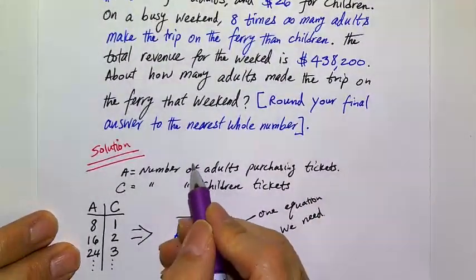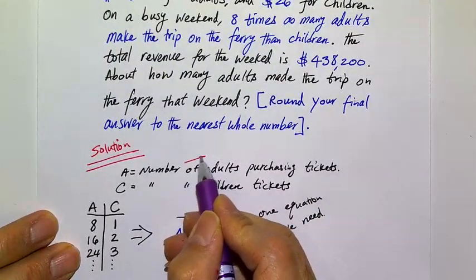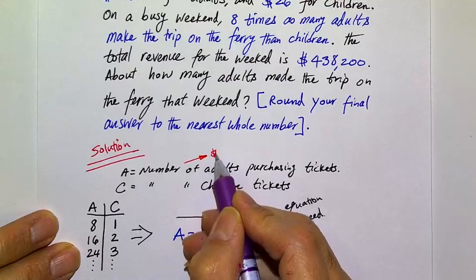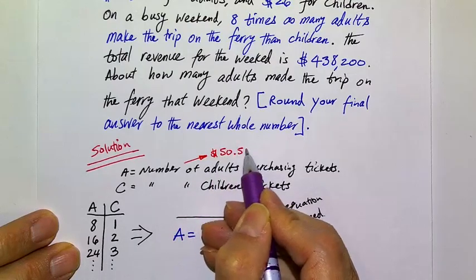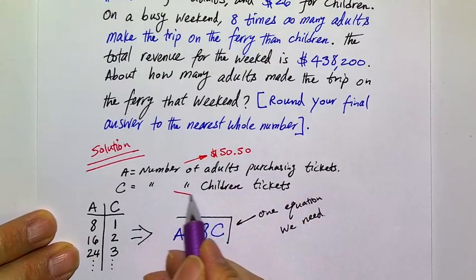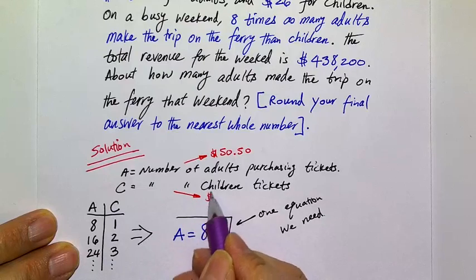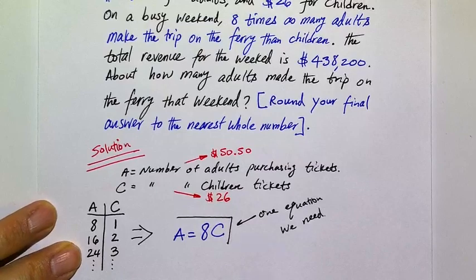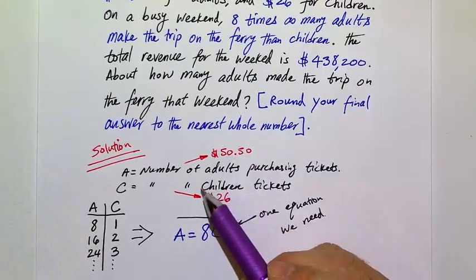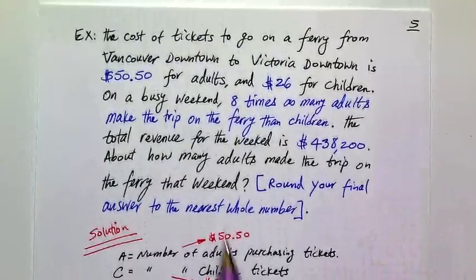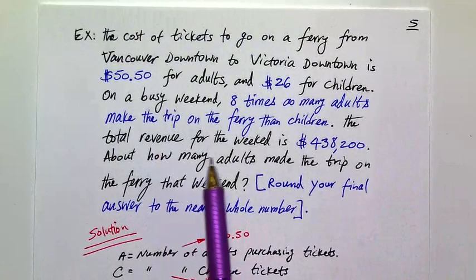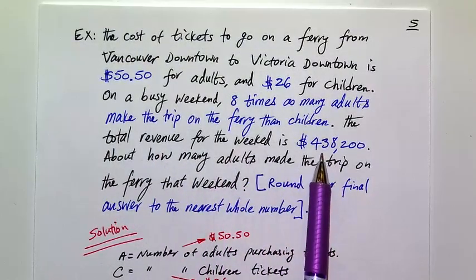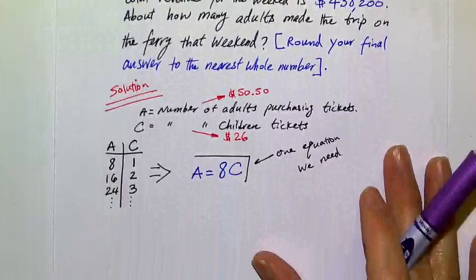So that information gets attached to this variable A. And the children's tickets are selling for $26 a piece. So using this information, the price of each type of ticket, and the total revenue that was collected on that weekend, we can set up a second equation, right?